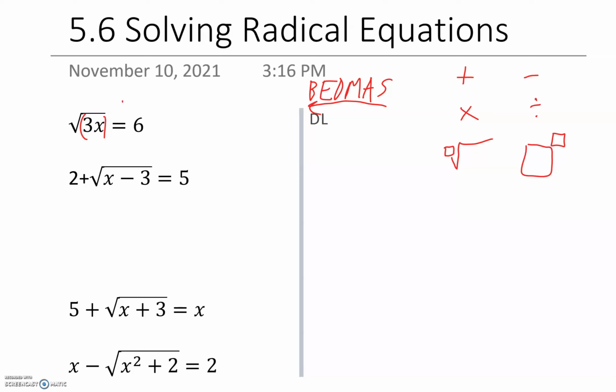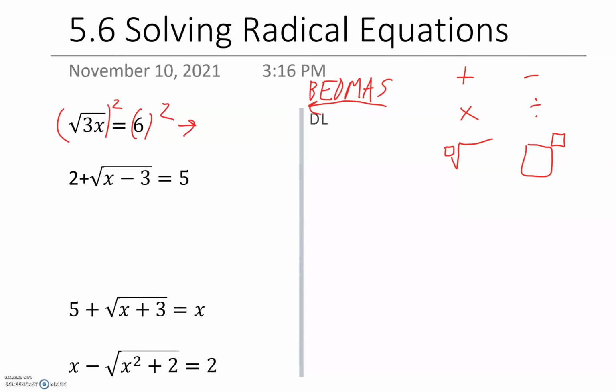So we're going to do the thing outside the brackets first, and we're going to do the brackets last. That would be the exponent part, since a radical is just a fractional exponent. So anyways, what we're going to do is square both sides.